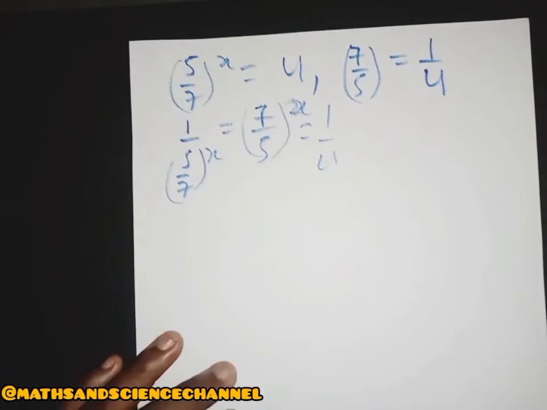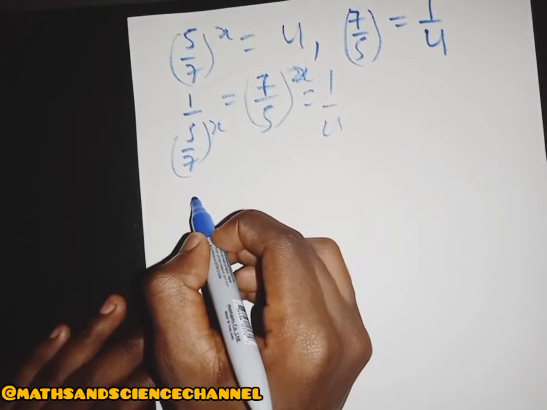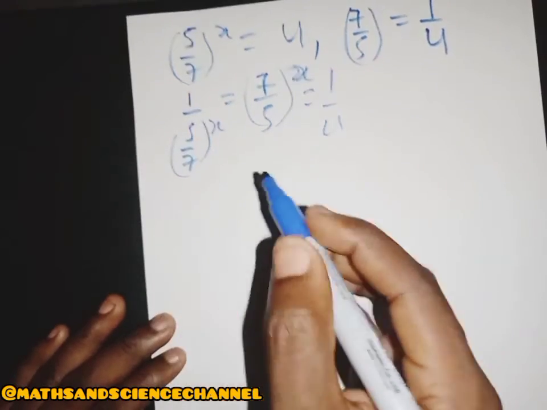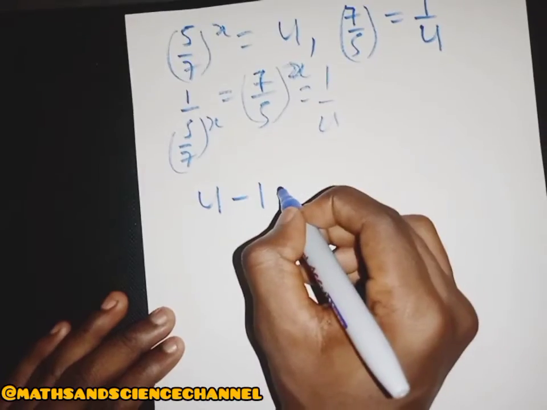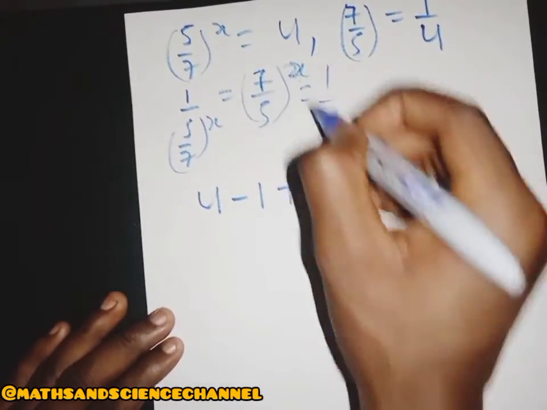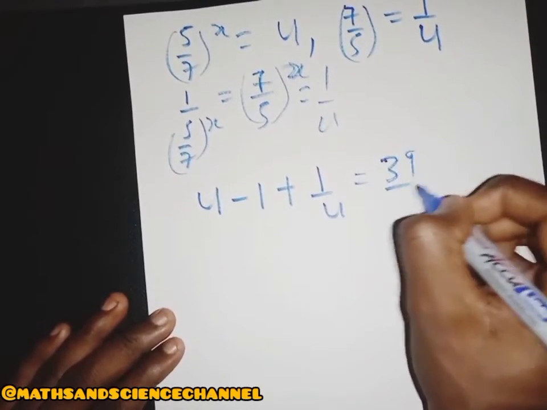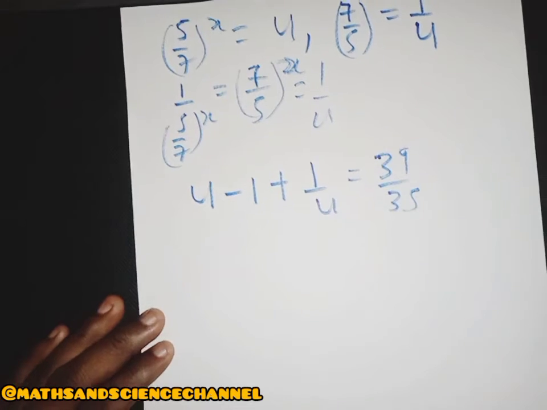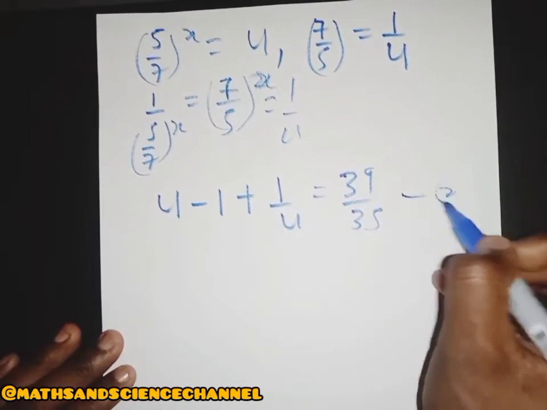So from equation 1, 5 over 7 all to the power x is just u, then we have negative 1 here, and then plus 7 over 5 to the power x, which is 1 over u, being equal to 39 over 35. Let's call this equation 2.